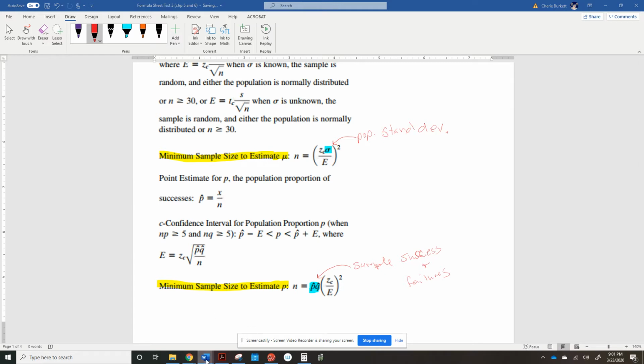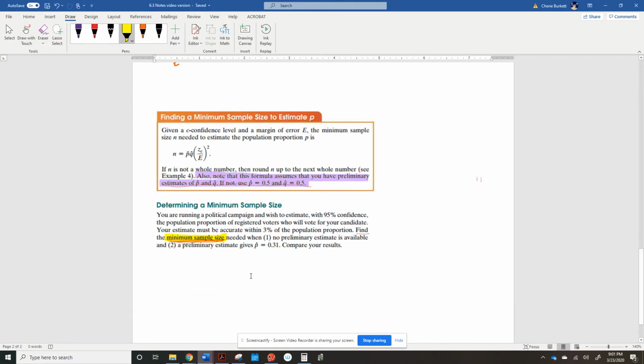So you go back over here and you look at your problem and you see, okay, this is my confidence interval. So this is my value of C, and my value of C is 0.95, so I need my zc right there. And I can look that up on my Z table.